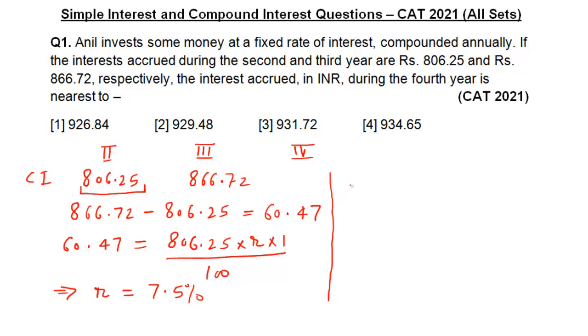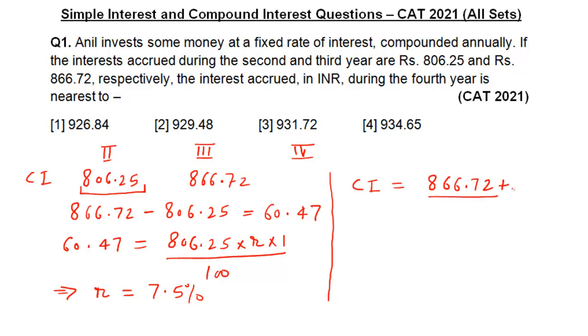So now we know the rate of interest, so we can calculate the interest for the fourth year. Okay, so the compound interest for the fourth year is 866.72 plus the interest that will be accumulated because of this value.